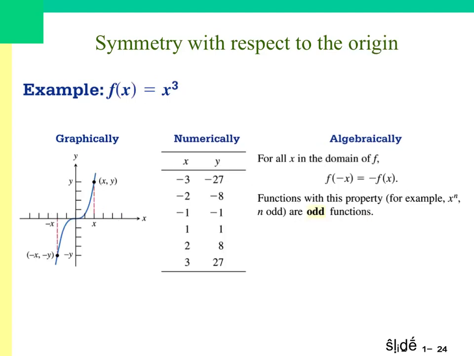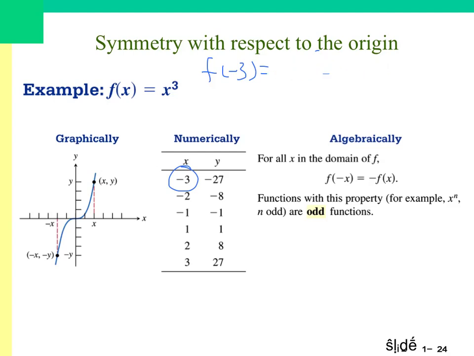Symmetry with respect to the origin. F of -x equals negative f of x. So watch what that means. X is -3. So if I plug that in, I get -27. Now, that should equal negative times f of x. Oh, hold on. I got to back up here.